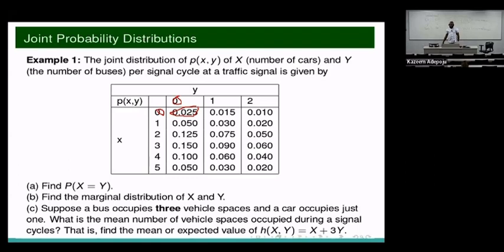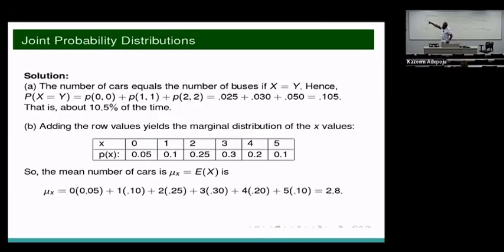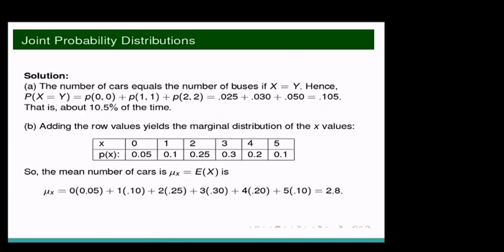Then you go for the one for 1,1, and for 2,2. In hand, you've already obtained that the answer to the question, the probability where x equal to y, is 0.105. Does anybody want any clarification on that? Those of you online, can you confirm that you can see and hear me clearly? Yes, we're able to see and hear clearly. Okay, thank you so much.